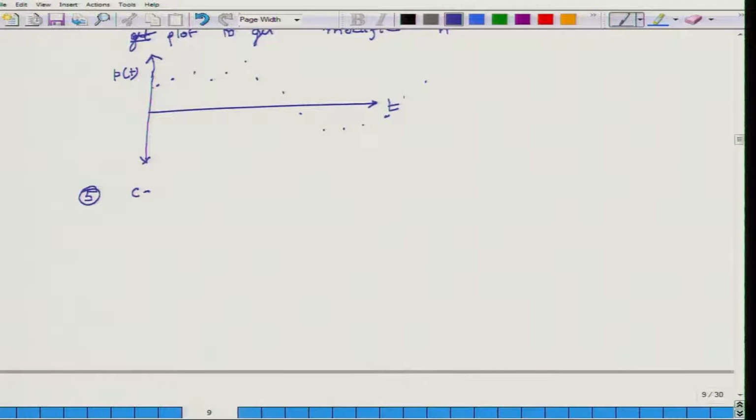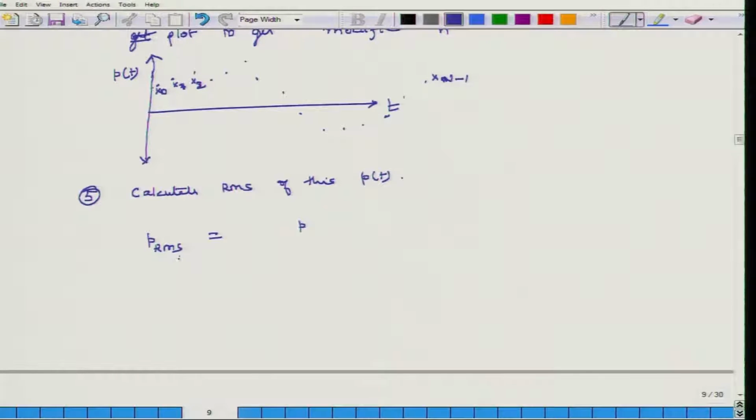So, now I calculate the RMS of this PT, root mean square. How do I do it? Let us say this is x1, x2, x3, and it goes on till xn. Actually, it will start with x0, x1, x2, and it goes on till xn minus 1. So, to find RMS, first I take the squares.